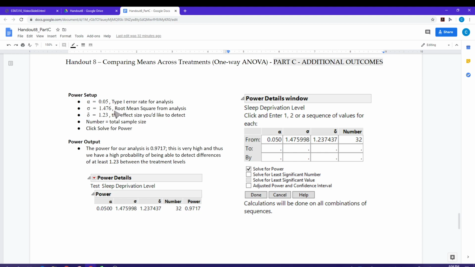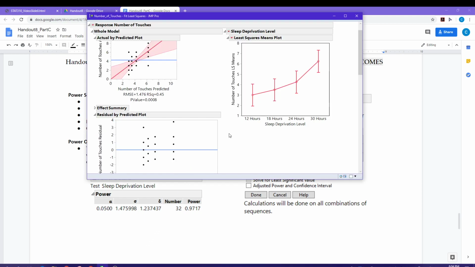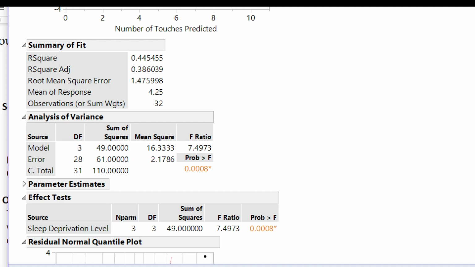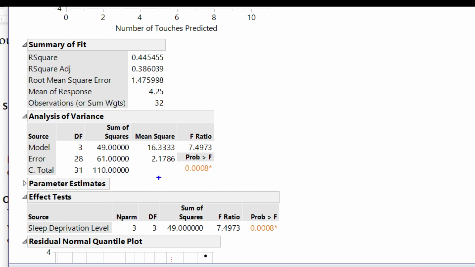We're going to keep that the same. That's our standard alpha level. The 1.476 is the root mean square error value. That's just the average residual value. Again, we get that from our JMP output, right here, my root mean square error value. This is just the square root of my mean square error.